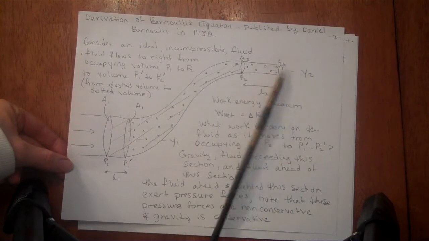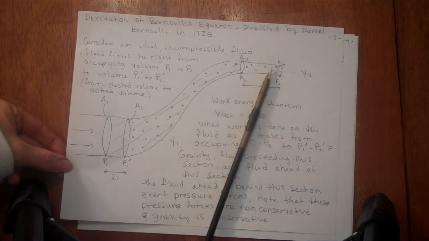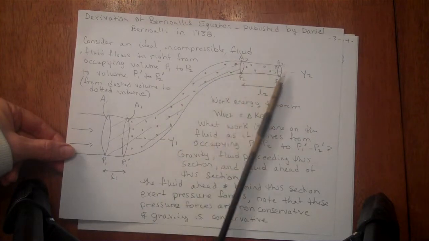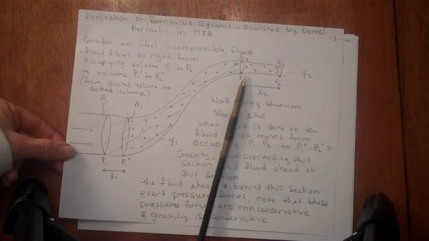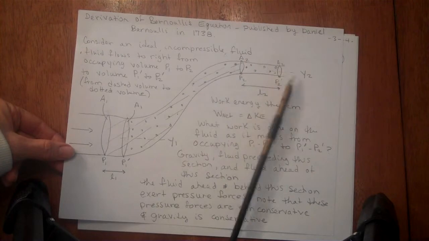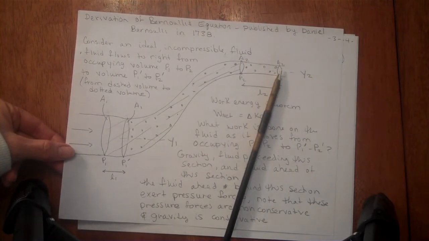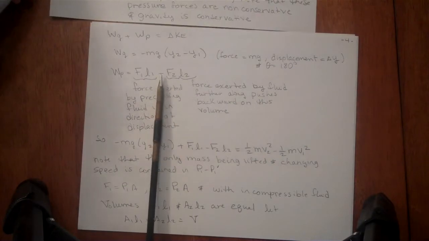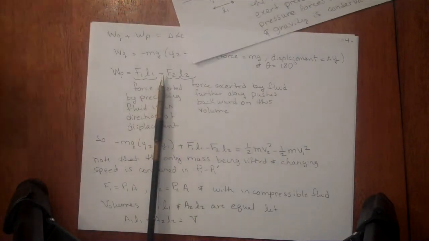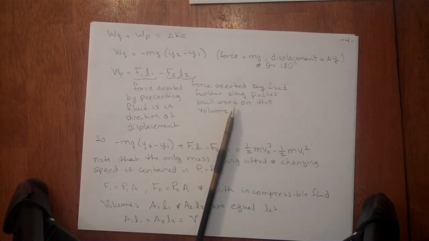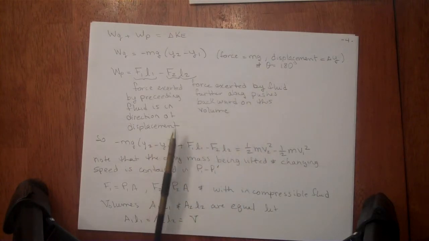So this fluid that is further along in the pipe is pushing backward on this section of fluid that we are considering, and so the displacement, which is to the right, and the force being exerted by that fluid ahead is to the left, and so we get the negative sign here for the work done by that fluid that is further along in the pipe as it's pushing backward on that volume.